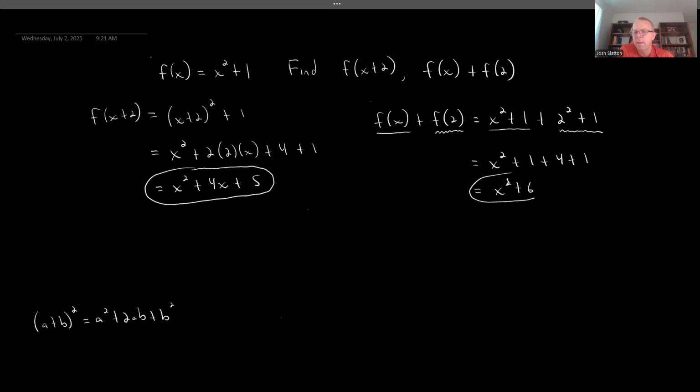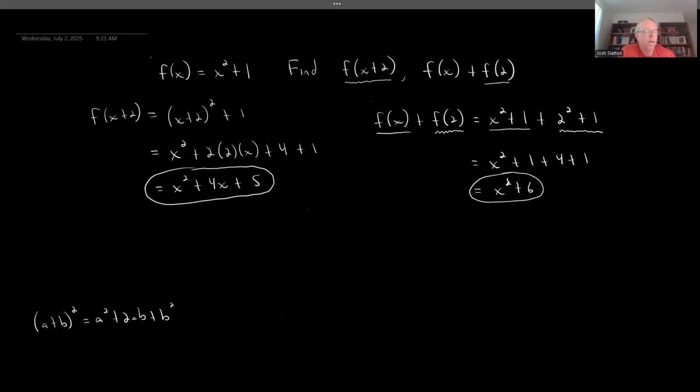So I think the main thing with this problem in this section is you want to get good at using different inputs. So likely from algebra, you're very comfortable with finding f of 2, for instance, or f of 3 or whatever, plugging in some number in for the x, but you might not be as familiar or comfortable plugging in some expression as the input.